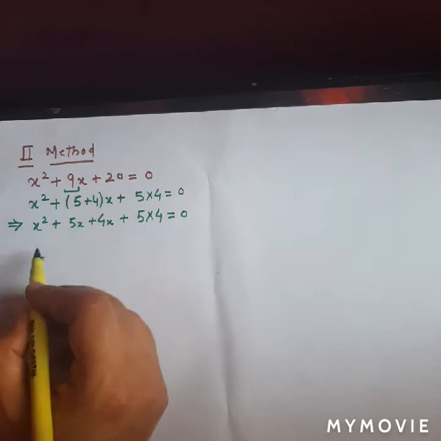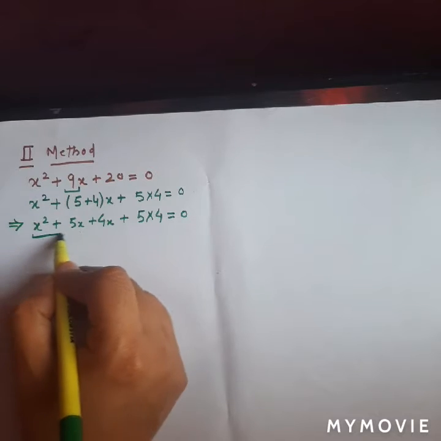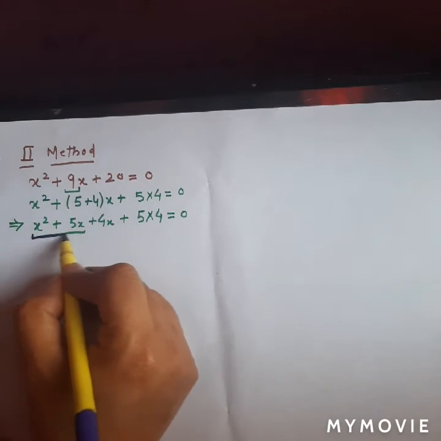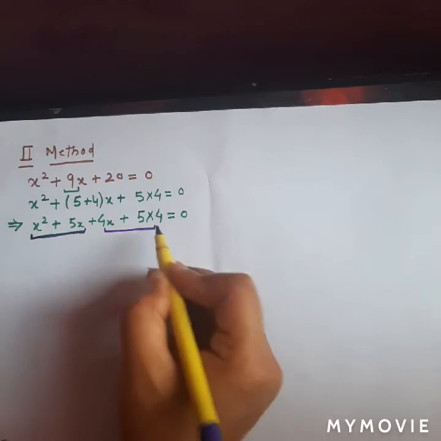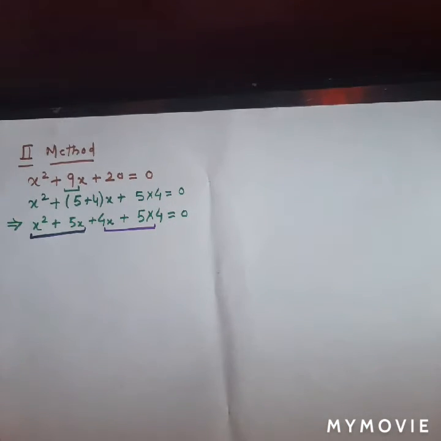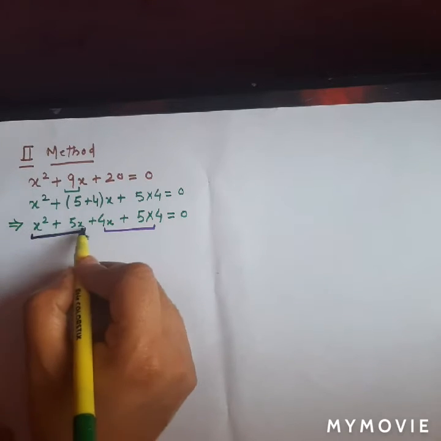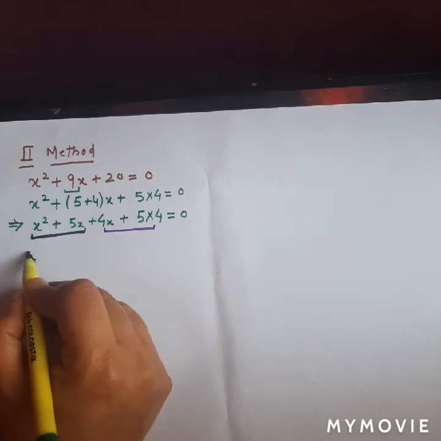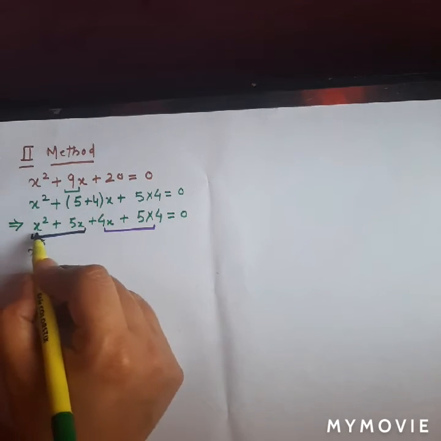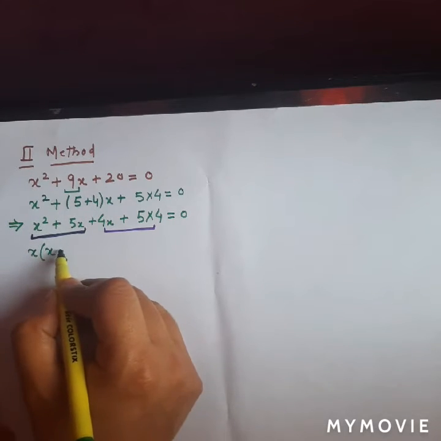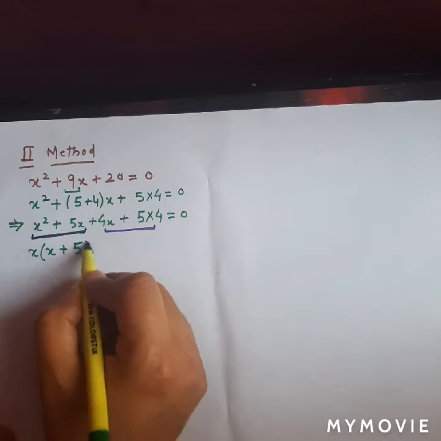Now take out common terms. From these expressions, what will be common? x is common here, x is present here as well as here. x is common, there were 2x, now we are left with x inside the bracket plus 5.